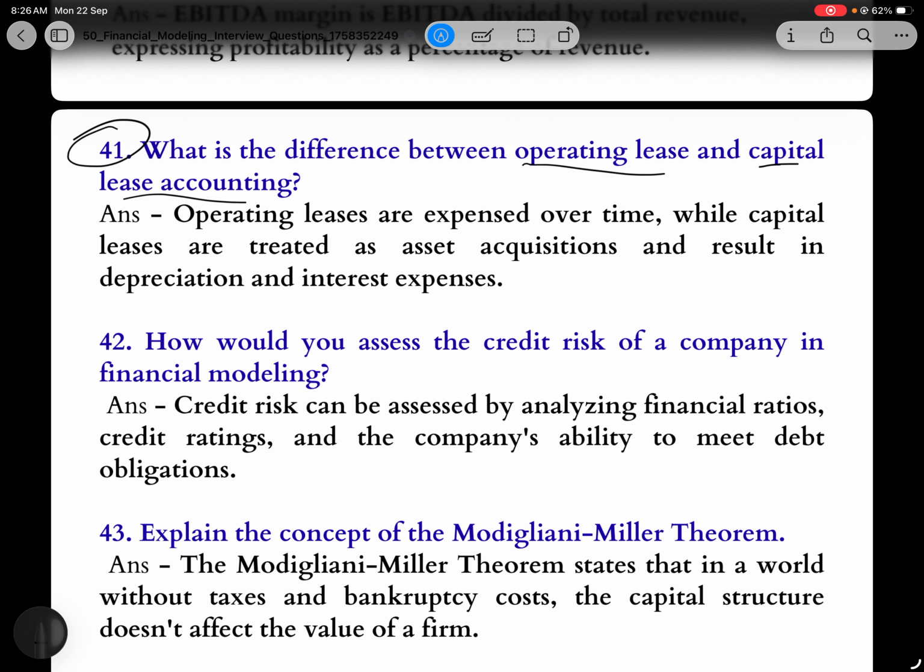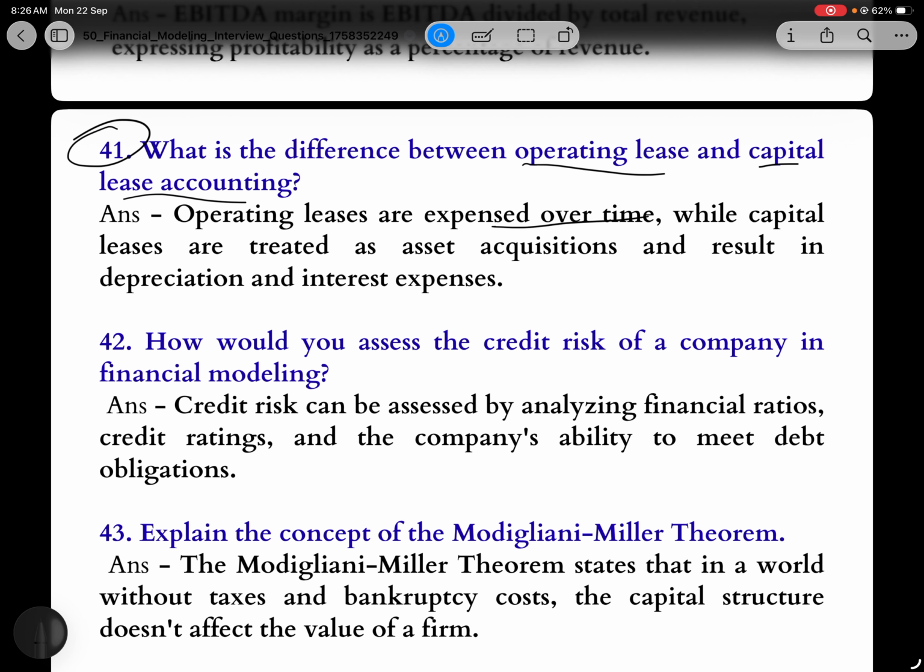What happens here is when a significant proportion of risks and control is moved to the lessee, or whoever is taking the asset as rent, in capital lease accounting they normally show it as a right-of-use asset. In terms of operating lease, they basically don't need to show it as an asset. Operating leases are basically expensed over time.